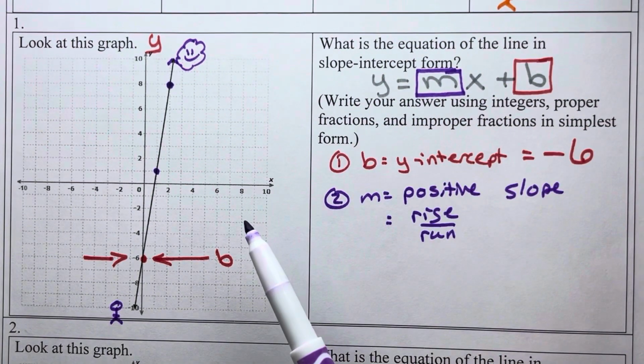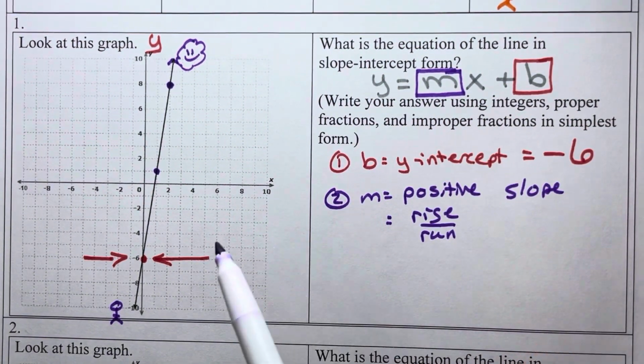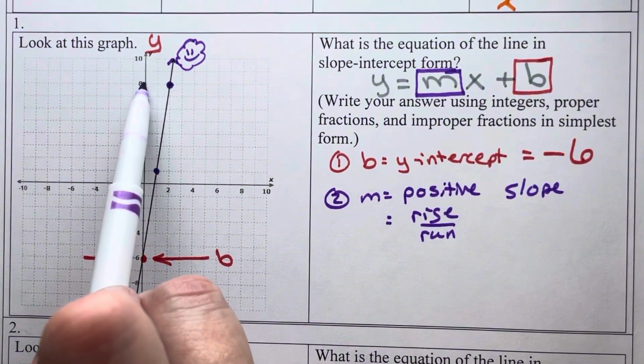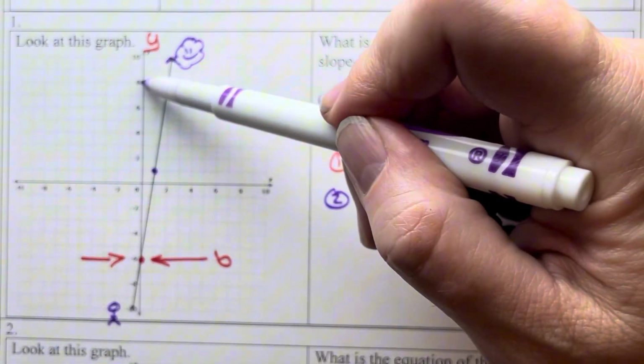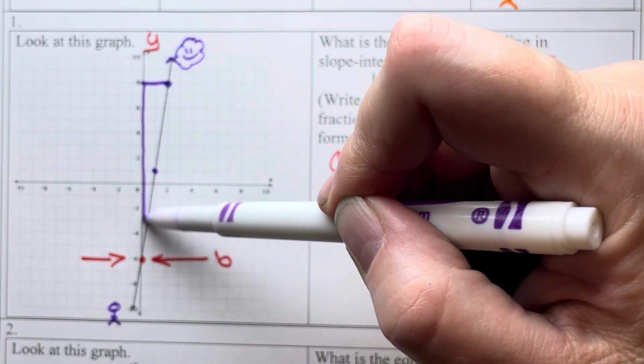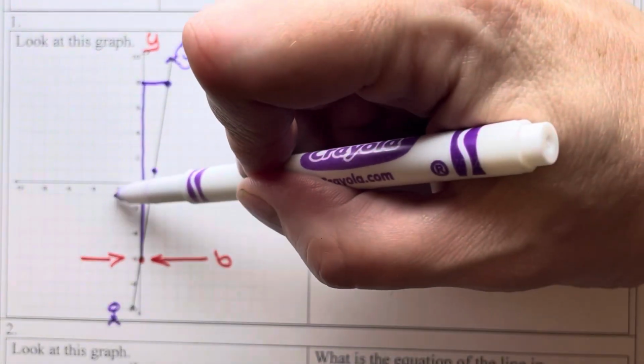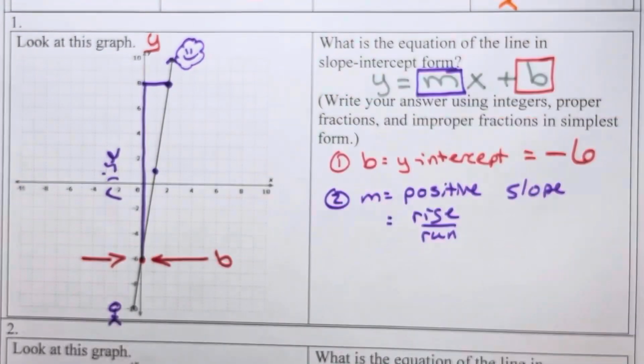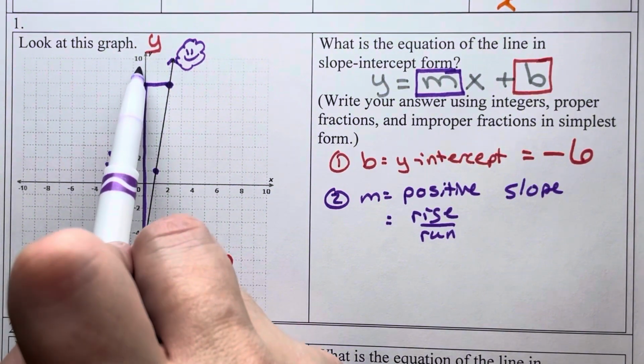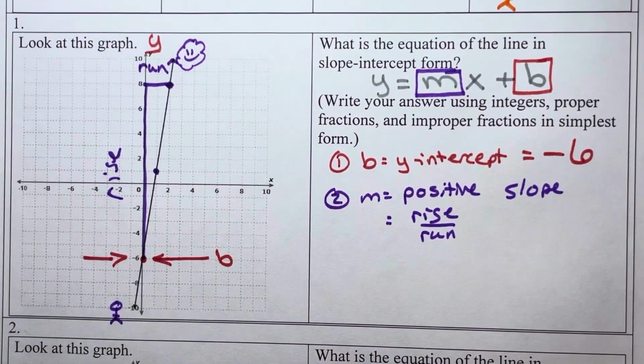Okay, so now we're going to build our right triangle. And I am going to use my top point and my y-intercept. You have options, but those are the 2 that I am going to use. Remembering that the vertical movement, this is your rise. The horizontal movement, this is your run.